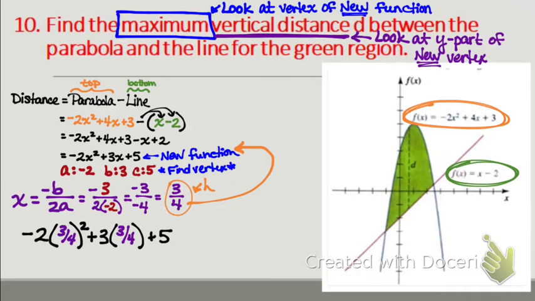What is 3/4 squared? 9 over 16. So I have negative 2 times 9 over 16 plus this one's going to come out to be 9 over 4 plus 5.